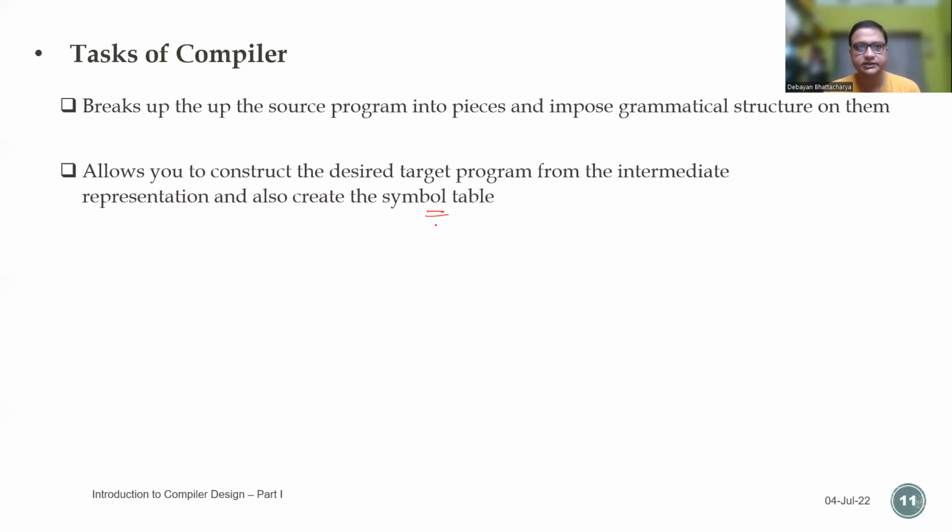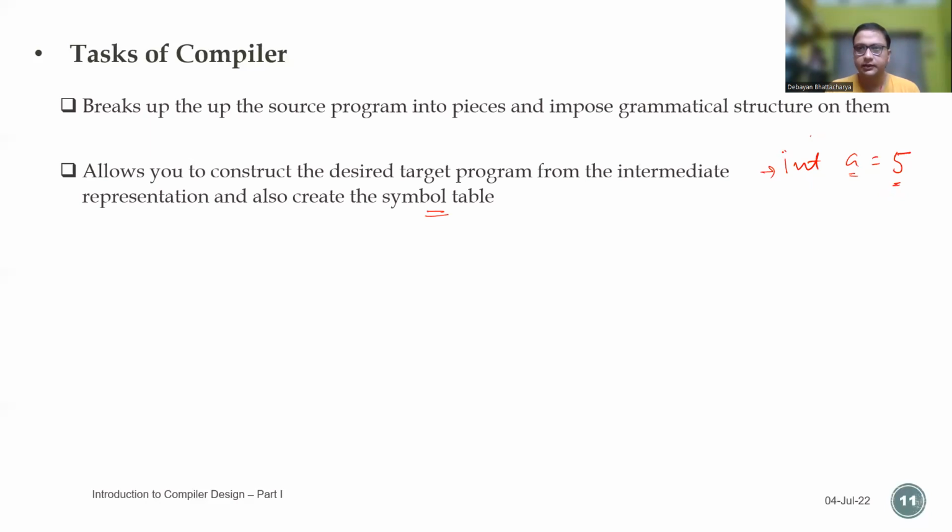For example, suppose we write int a = 5 in our program. This is one instruction in a high-level language, and it says that we are declaring a variable named a, the type of the variable is integer, and we assign it the value 5.